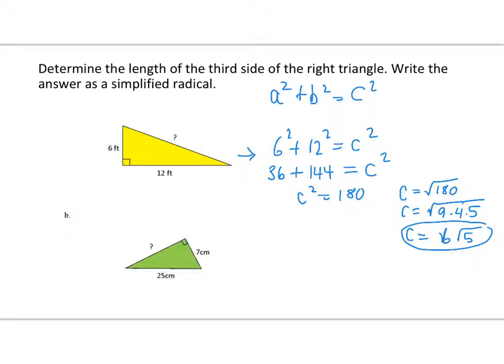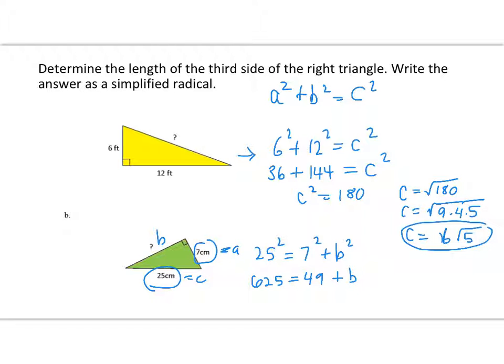You notice that here in this particular case, c is now 25. The short one, a, is 7, and now we're looking for b. So in this case we have 25 squared is equal to 7 squared plus b squared. So we're trying to find b, so I get 25 squared in this particular case is 625, is equal to 49 plus b squared.